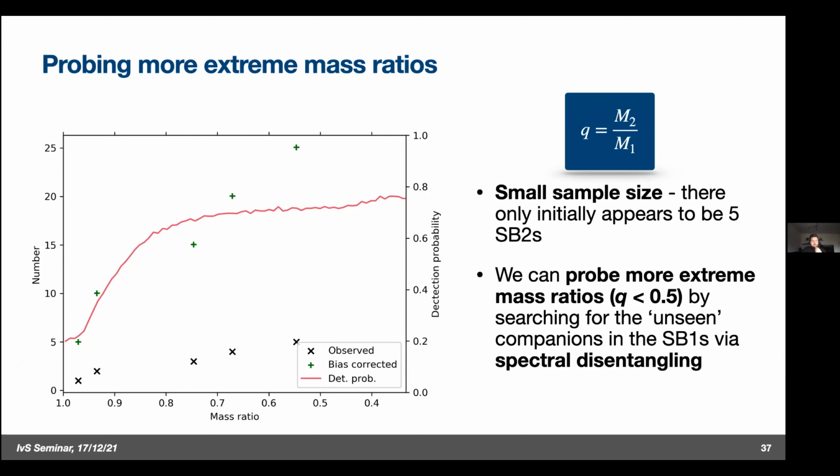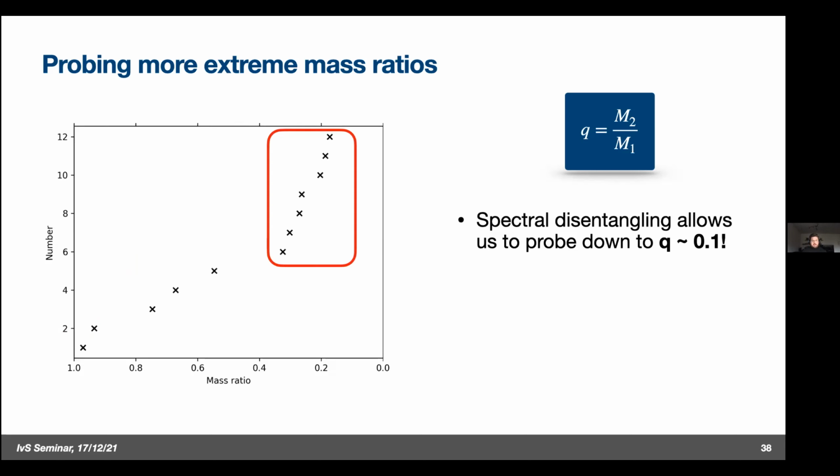However, we can probe more extreme mass ratios past 0.5, and the mass ratio again is the secondary mass over the primary mass of the stars. We can do this via spectral disentangling, which I will go a bit more in depth on in a bit. But once we do that, in this sample alone, we can see that we can go down to mass ratios of 0.1, so much past the limits of the original observing strategy.